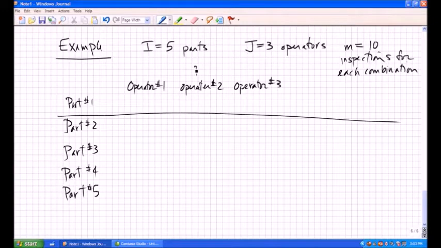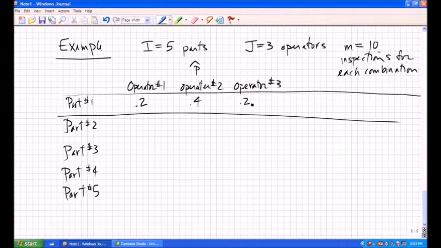First of all, I'm going to list some p-hat values. So let's imagine that operator number 1 two times in 10 calls the part non-conforming. Operator number 2 four times in 10 calls the part non-conforming, and operator number 3 two times in 10 calls the part non-conforming.